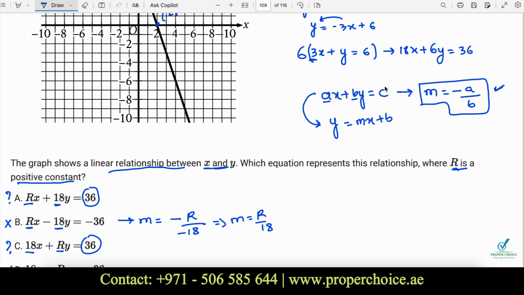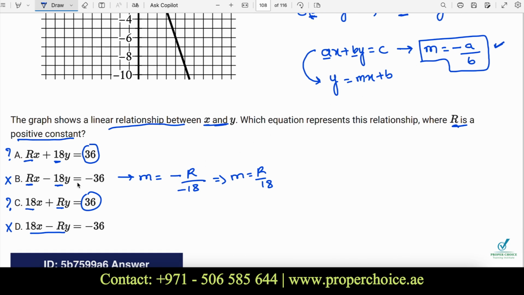Now I should choose an option whose coefficient of x is 18 or coefficient of y is 6, either one. Here the coefficient of y is 18, not x. If the coefficient of x is 18, then whatever is left will be the coefficient of y. So this makes sense with option C.